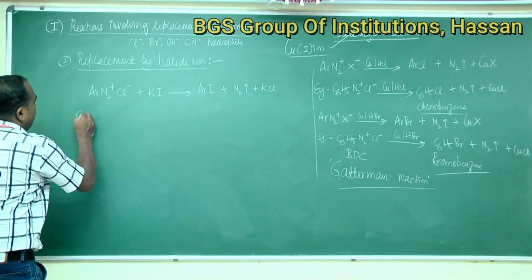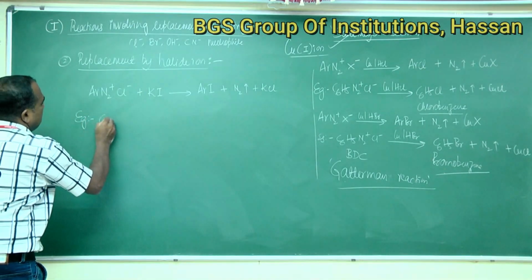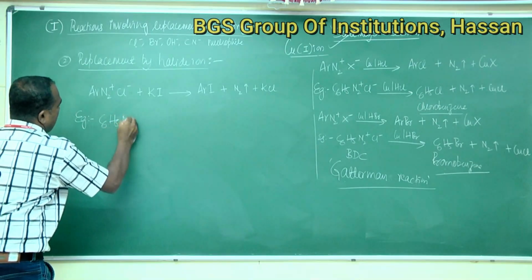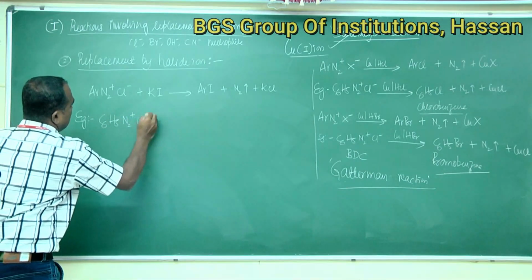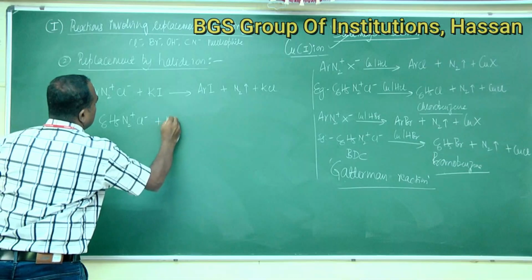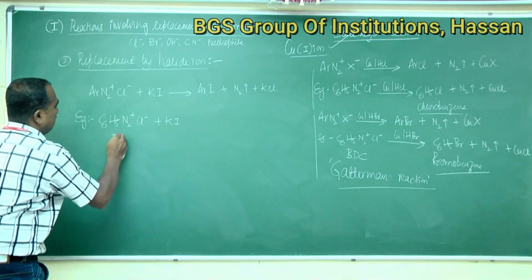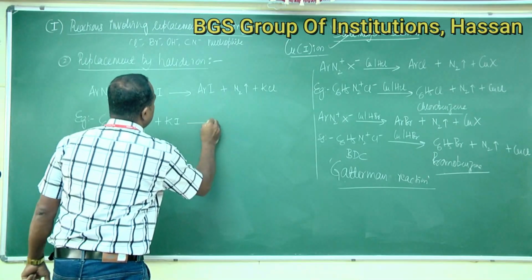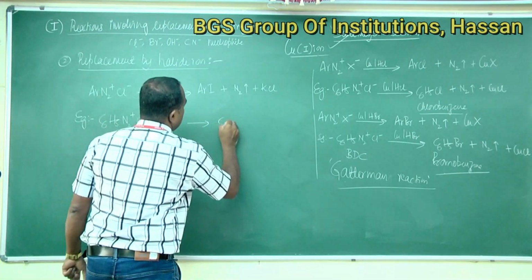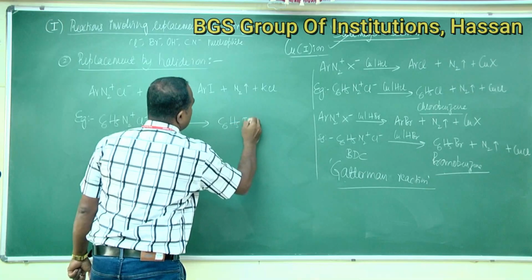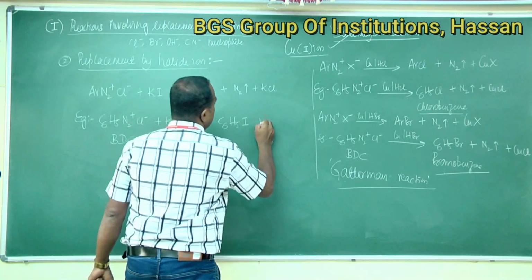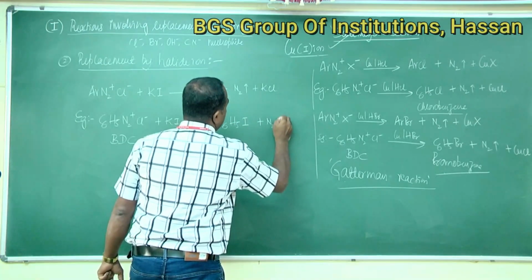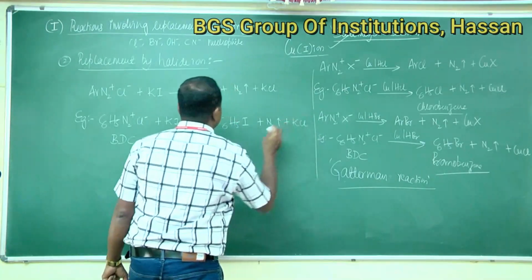Example: C6H5N2+Cl⁻, benzene diazonium chloride (BDC), reacts with potassium iodide to give C6H5I plus N2 gas plus KCl.